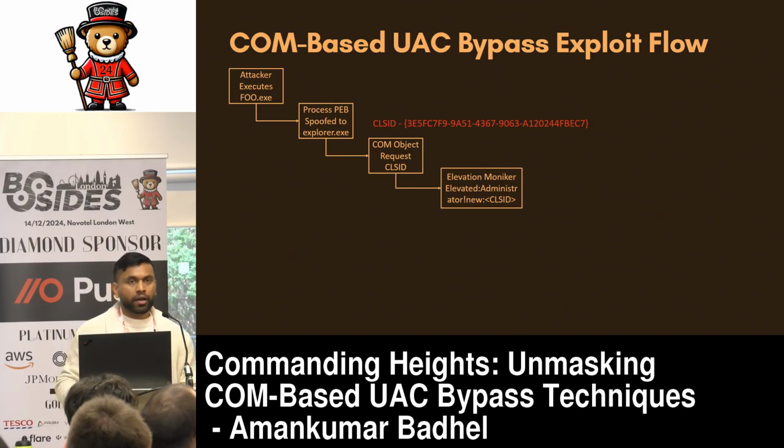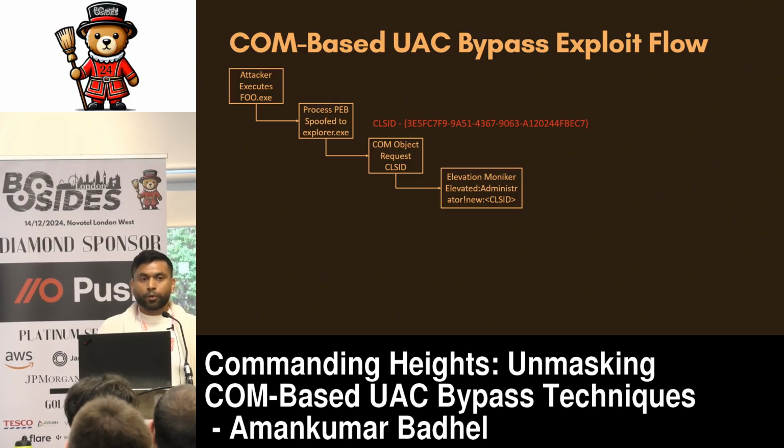The exploit then constructs an elevation moniker. An elevation moniker is a COM feature which creates the requested COM object with an elevated context. The system, in our case, would just verify whether the client is a system trusted binary.